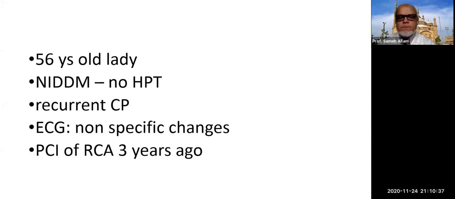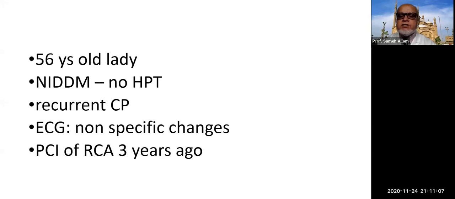One day, she phoned me: I'm going to the hospital because I am getting chest pain. This is the pattern of complaint I had 3 years ago, and they were denying that I have coronary artery disease, as exercise was negative, echo was normal, everything was normal, and when they performed coronary angiography, it showed that I have a right coronary artery lesion, and they put a stent.